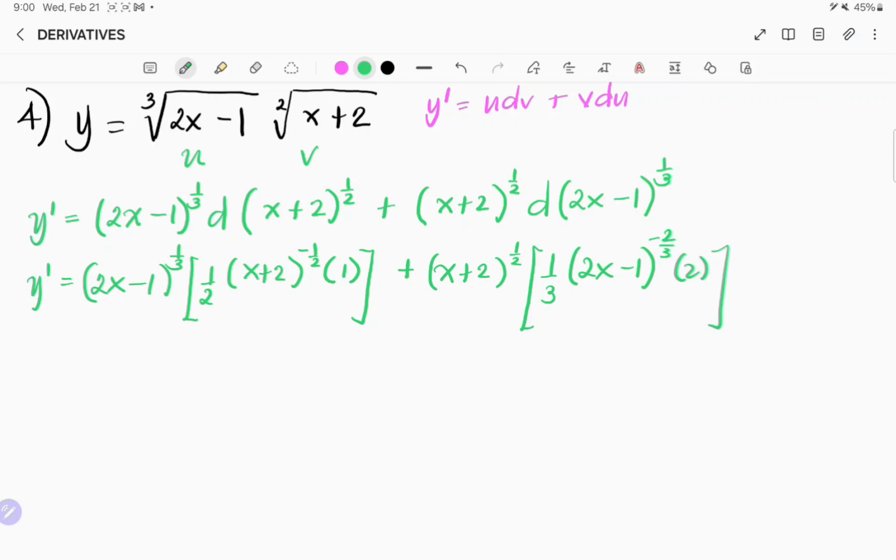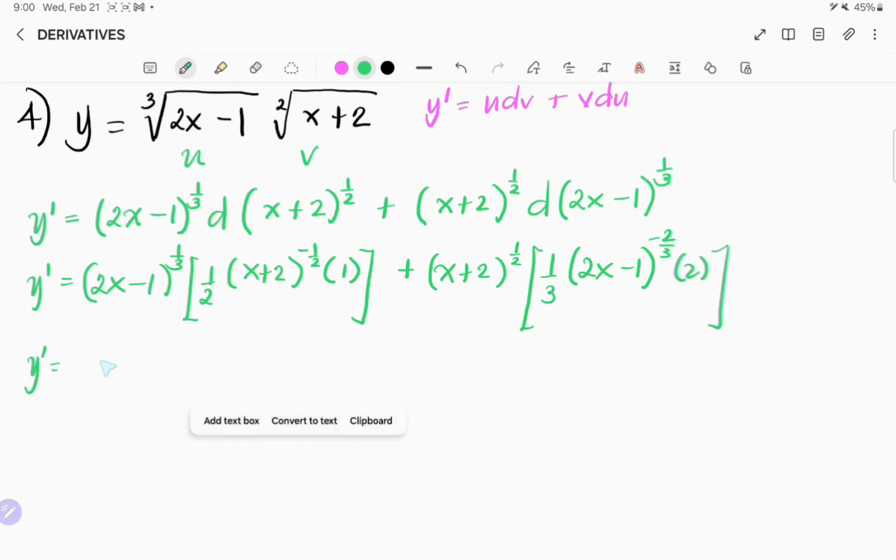And then we have to simplify each term. So we have our first term from here up to here, and our second term is from x up to this bracket. So we have to put x plus 2 in the denominator because it has a negative exponent of 1 half. And 2 is already in the denominator, but 2x minus 3 raised to 1/3 must be written in the denominator, to be multiplied by this one, and this one is still this quantity.